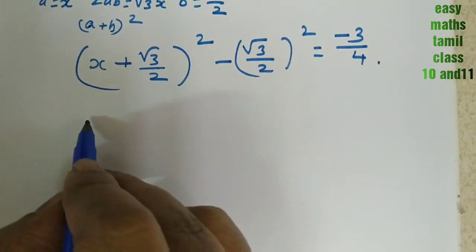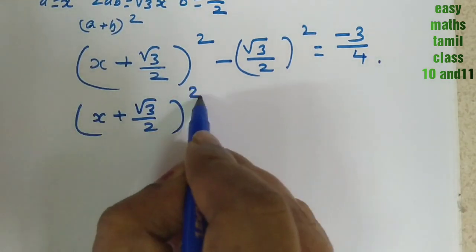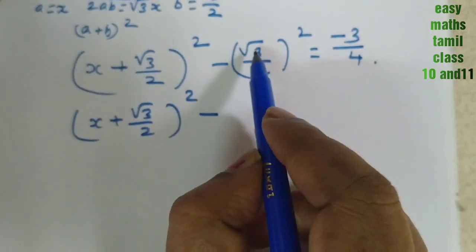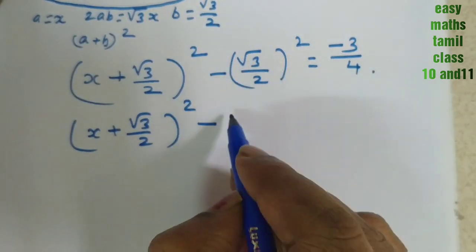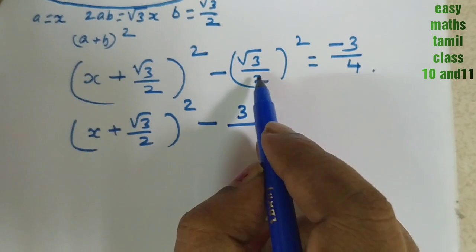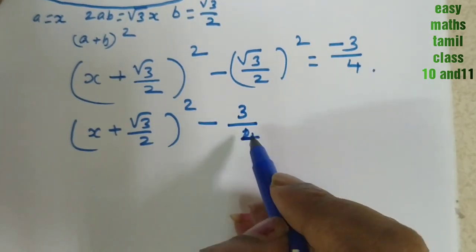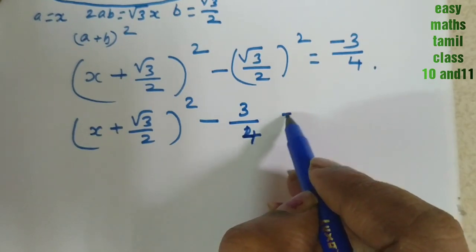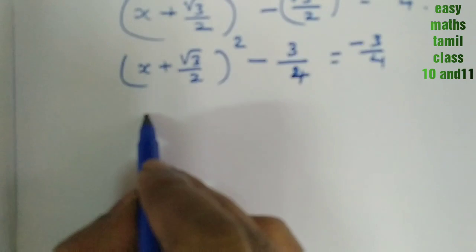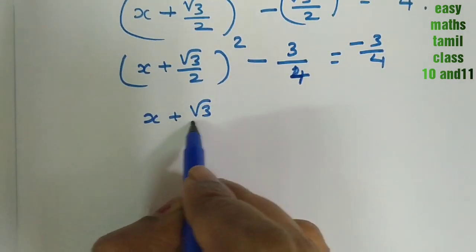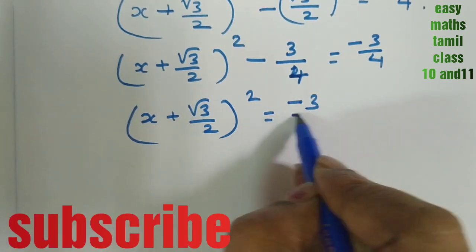So x plus root 3 by 2 the whole square minus root 3 by 2 the whole square value is root 3 into root 3 is 3, divided by 2 into 2, 2 2s are 4. The value of 2 square is 4, equal to minus 3 by 4. So x plus root 3 by 2 the whole square equal to minus 3 by 4.